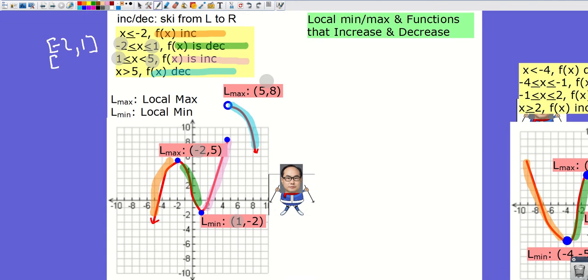And because this 5 does not have an "or equal to," you're going to write it with a parenthesis. So this is a good way right here, but this is the more mathematically mature way of writing. But don't even worry about this now. We're going to handle that later.